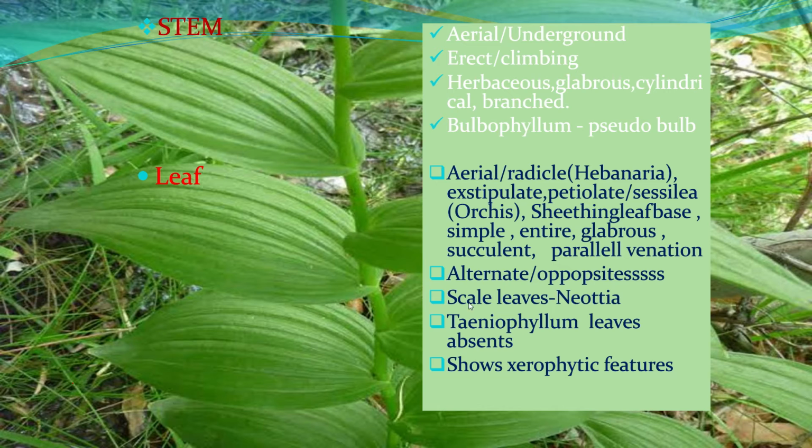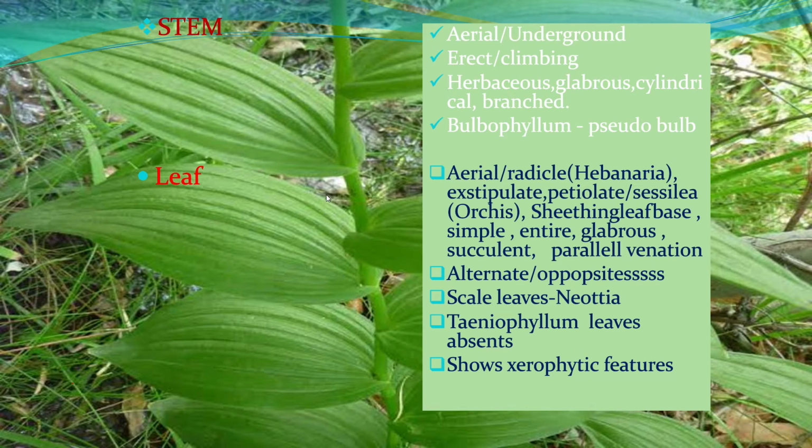So the leaves are modified into scales. But in Taeniophyllum, the leaves are absent. I already told you that in the root system of Taeniophyllum, the roots are modified into photosynthetic roots because leaves and stem are absent.